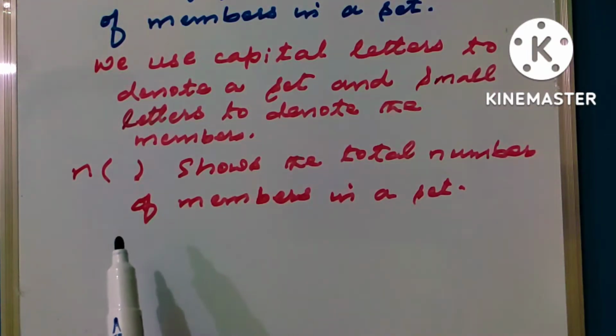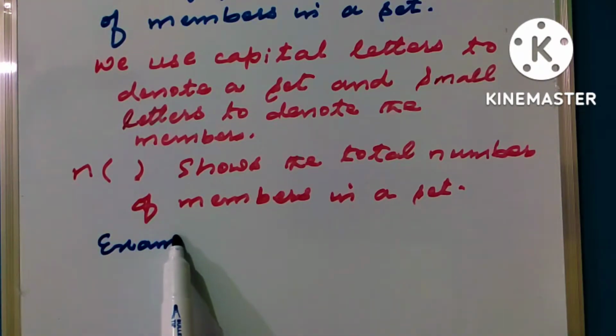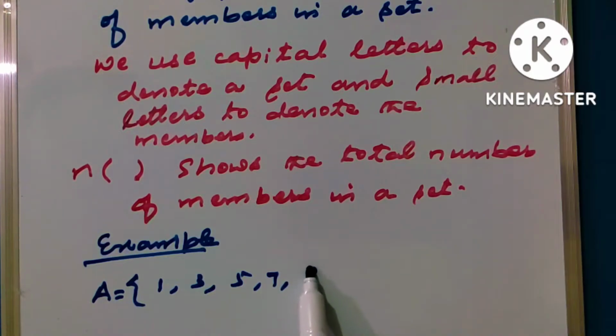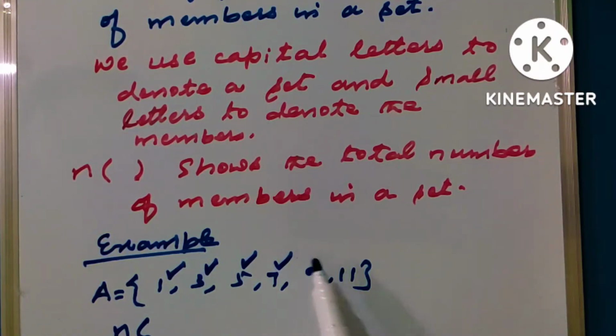This is a very important area, students, you have to keep in mind. एग्जाम में इससे रिलेटेड क्वेश्चन लाजमी आता है. If A is a set which is having elements 1, 3, 5, 7, 9, 11, so it can be written that there are 1, 2, 3, 4, 5, 6 elements in set A.